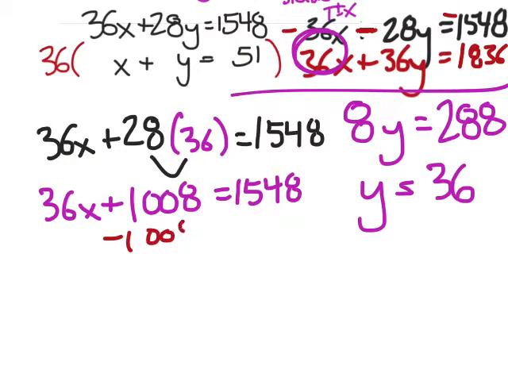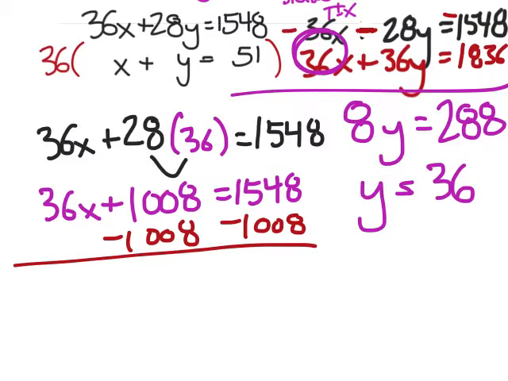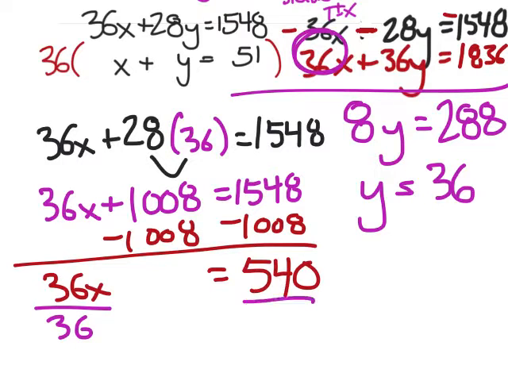Now I'll subtract 1008 from both sides. It's a net of 540, looks like. And dividing by 36 will give me the x value of 15.